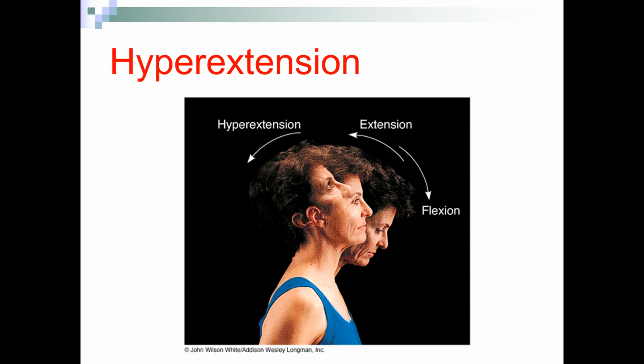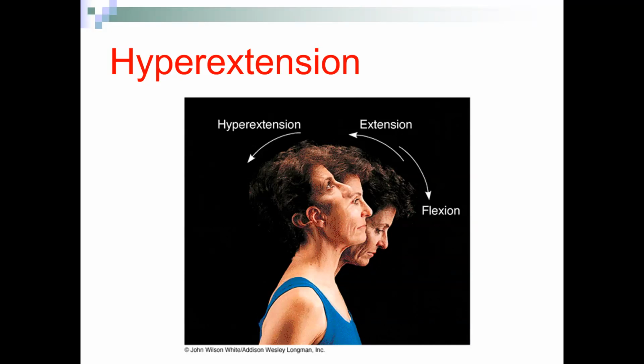So why is that not extension? Here's the thing. You have some movements that the body does on a very regular basis. The body is well designed to do these movements. And for the most part, these movements are comfortable, right? So when you look down, it doesn't hurt you. When you look forward, it doesn't hurt you.